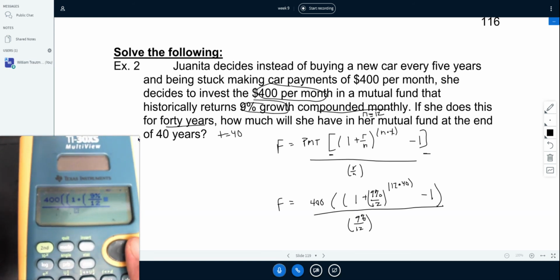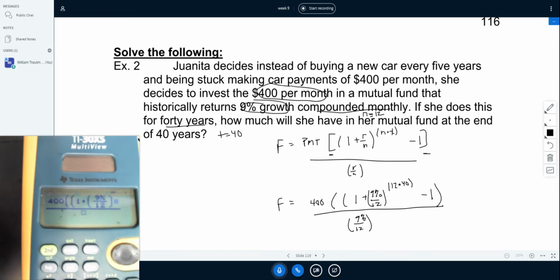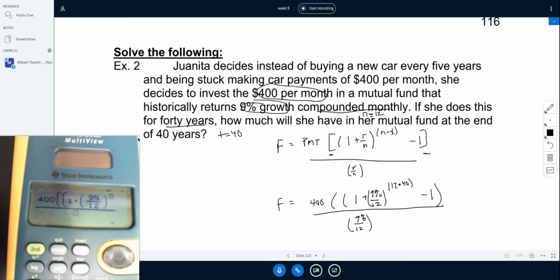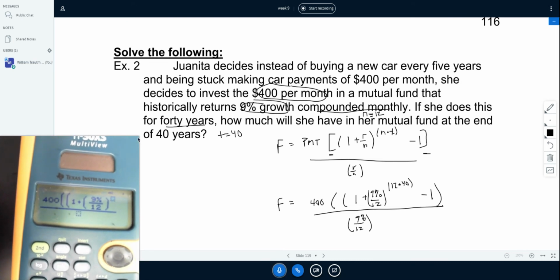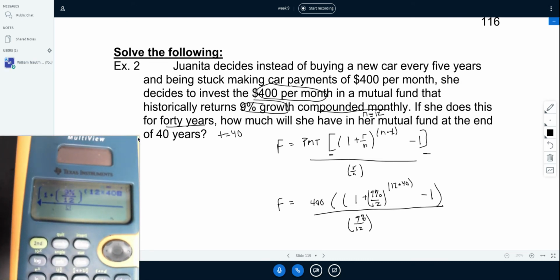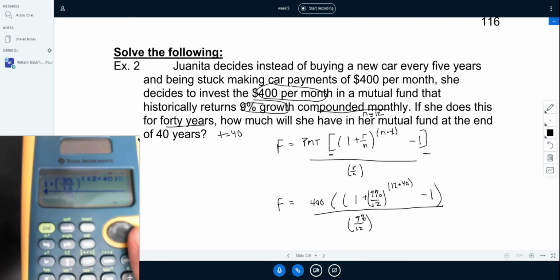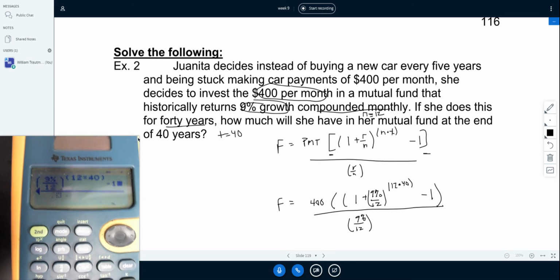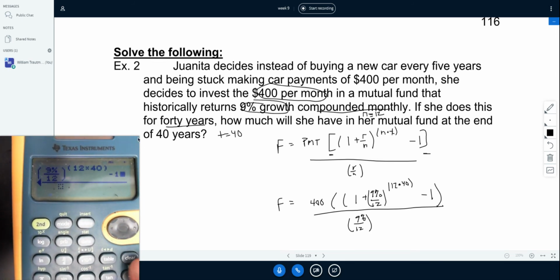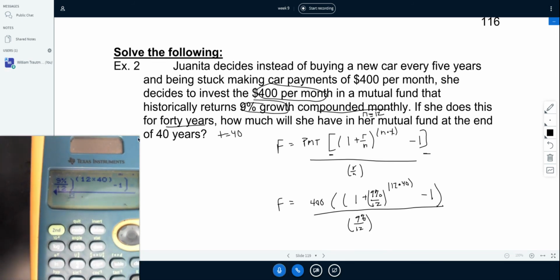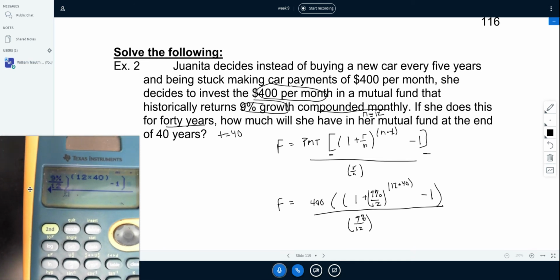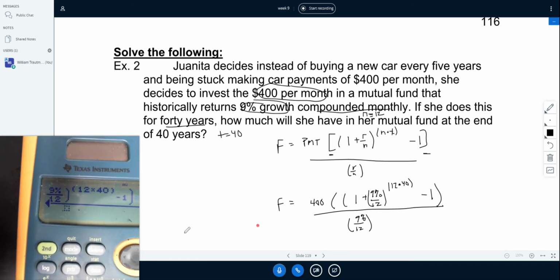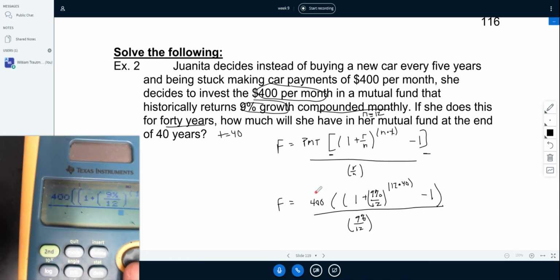I arrow over, and then close my parentheses. I raise it to a power, and that power is 12 times 40, close parentheses. Then I arrow over because I want it to come back down when I subtract 1. This big parentheses is for the whole thing, and then there's another parentheses for that part.